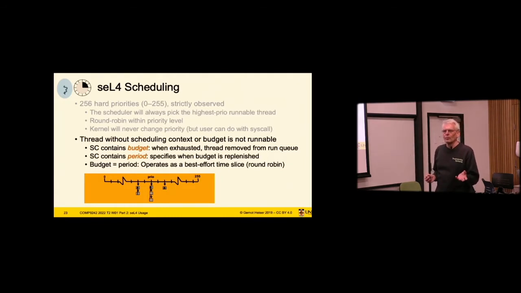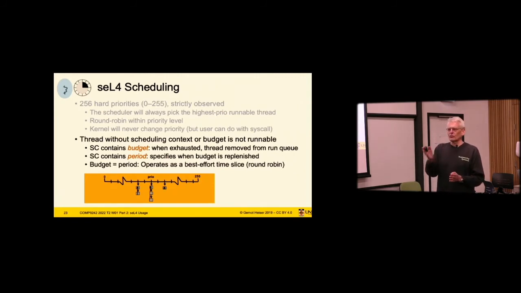For your purposes, you don't have to worry about budgets and periods. Unless there's any specific other need, you create your user processes with just full budgets. So give everyone the same period and a budget that's equal to the period, and that then is just a traditional time slice.